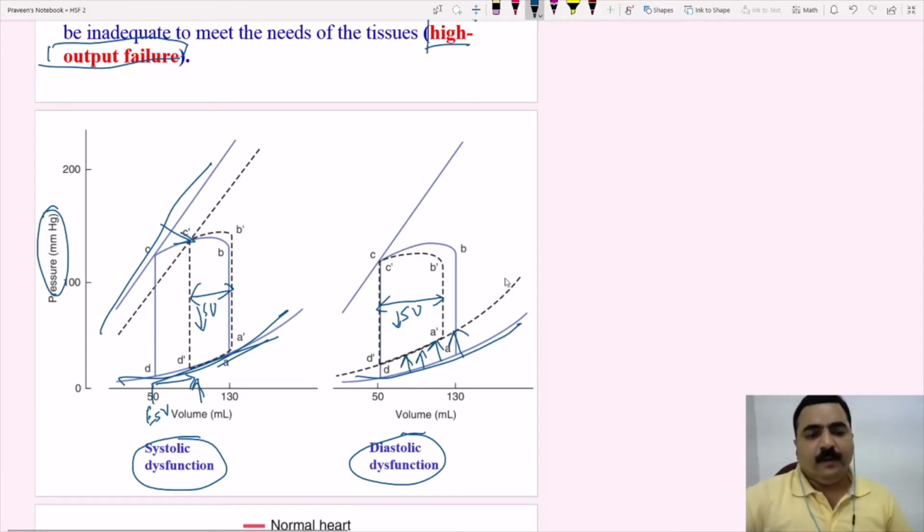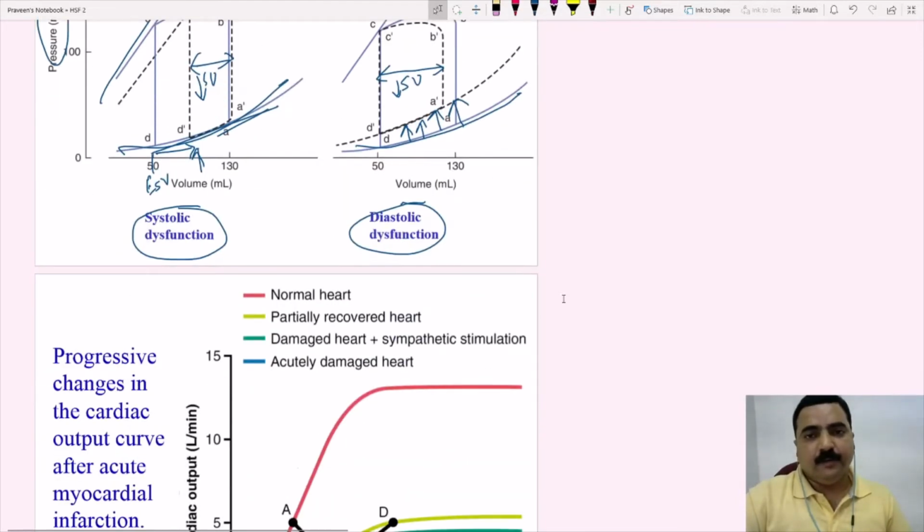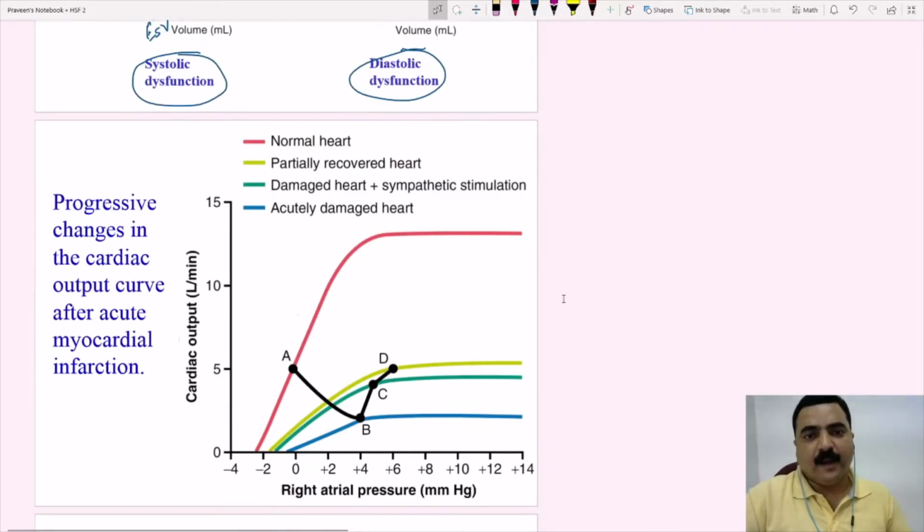Now, whatever is the reason for the heart failure, or whatever the type of heart failure, we need to understand what happens to the cardiac function curves. This graph provides the cardiac function curve.